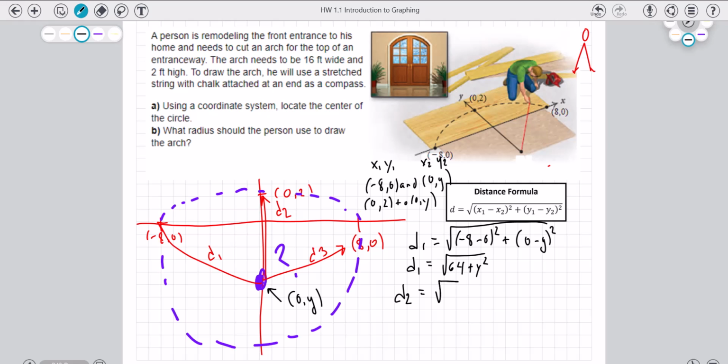So distance 2, big O, square root of x1, which is 0, minus x2, oh how nice, is 0, plus my y1, which is 2, minus my y2, which is y. All right, so of course, this first piece is going to be 0.